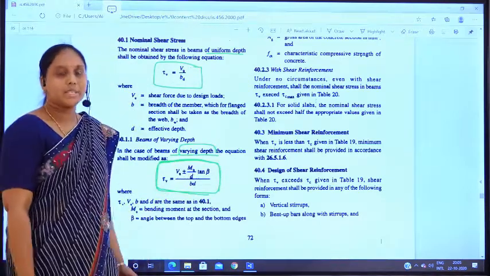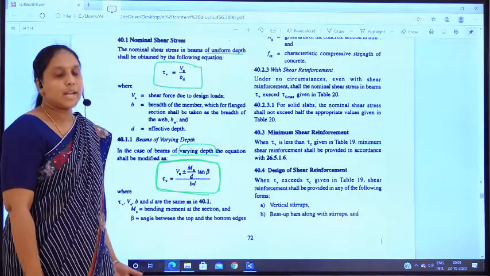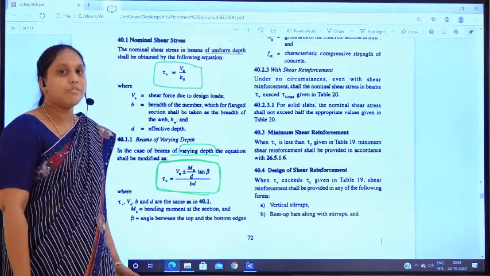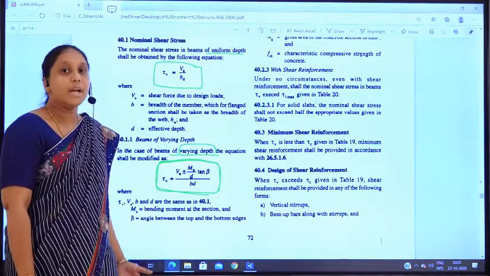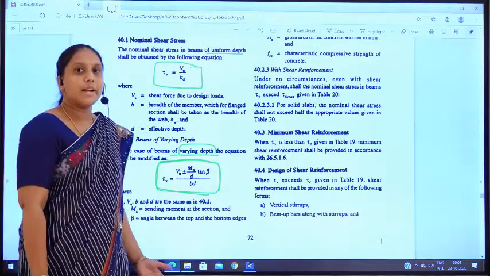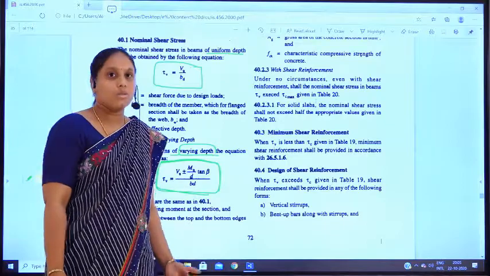Now what is the next step? The third step is to calculate the design shear strength of concrete, denoted by tau c. Let us see how to find tau c.